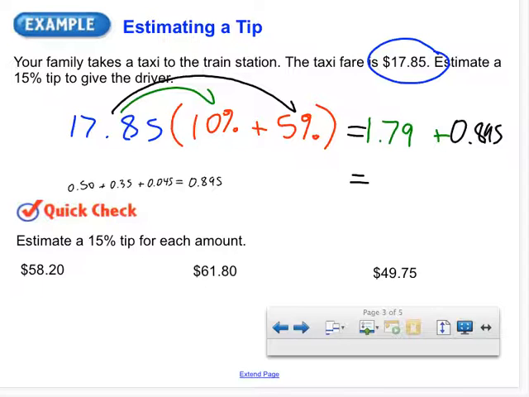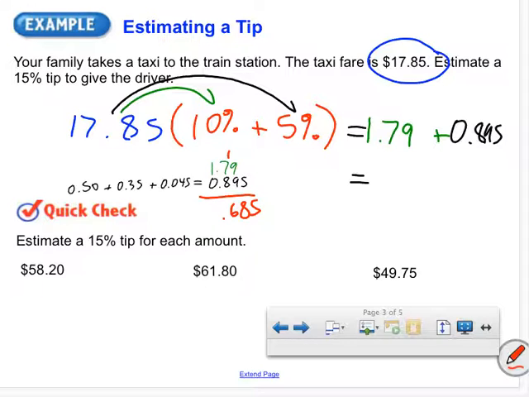Line up your decimals, add it up, tell me what it is. So if I add all that up, right? Okay, but we need to the nearest penny, so what's that going to be?